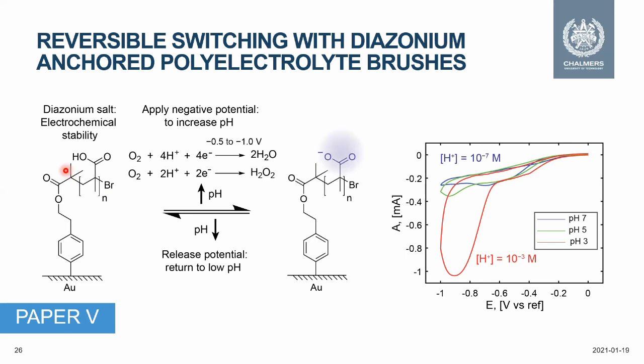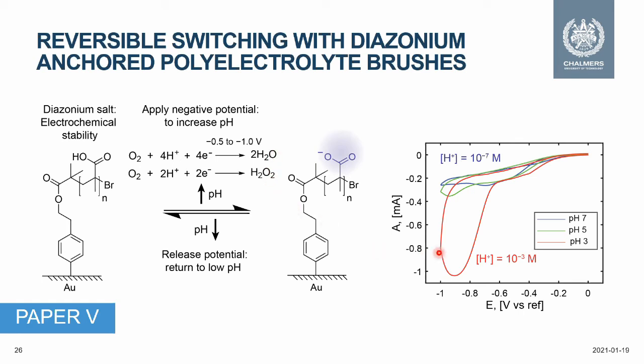We also needed a redox reaction that produces pH gradients by applying an electrochemical signal. And this is an example of a very useful reaction where protons are consumed at the electrode surface together with oxygen to produce either water or hydrogen peroxide.